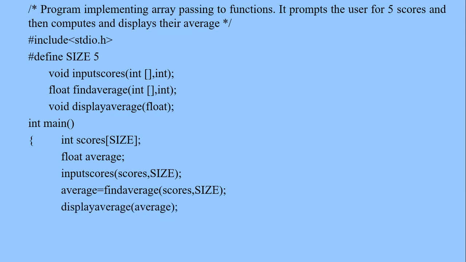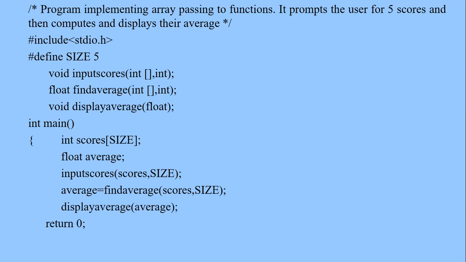It is passing the content of memory location called average to the function called display average, which is not expected to return any value because it is a void function.